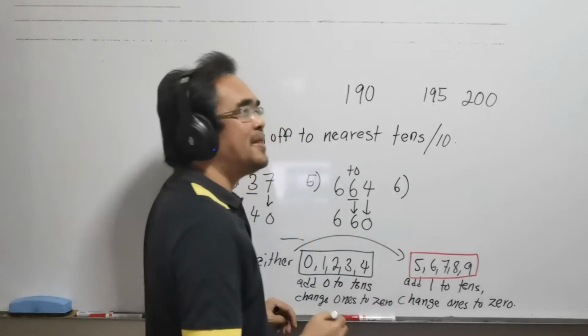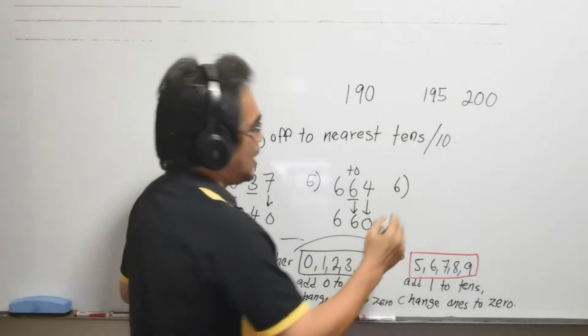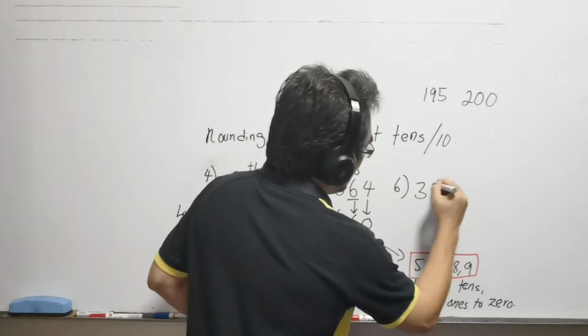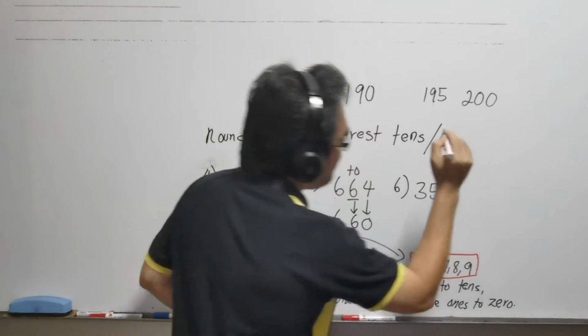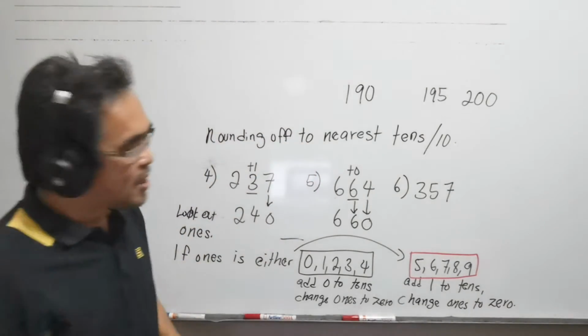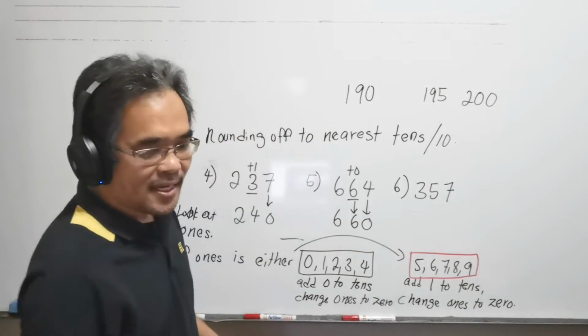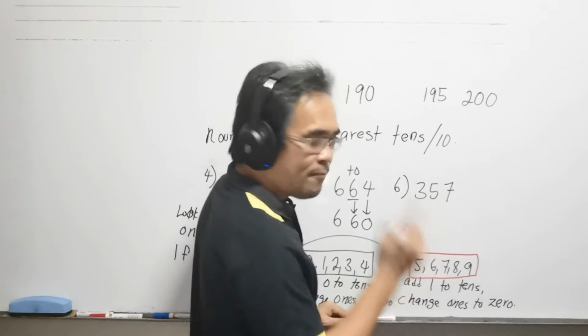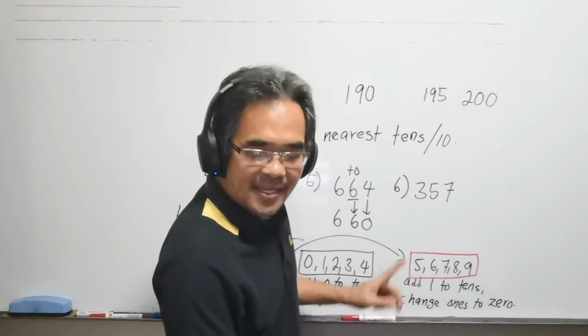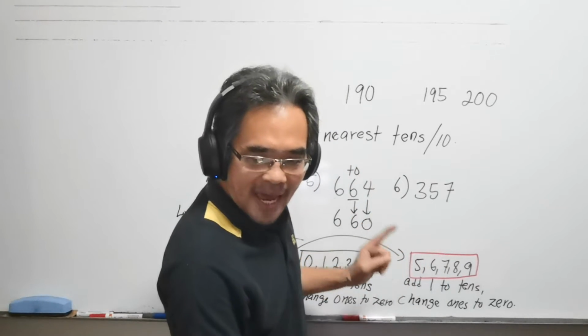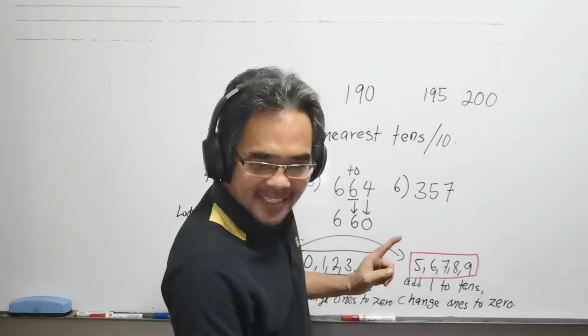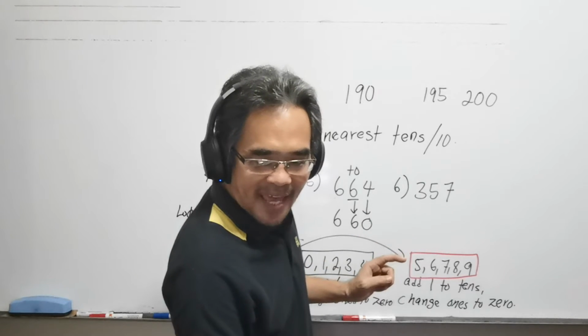Let me think of a number. 3, 5, 7. Please round off to the nearest 10. So what do we do? First, underline the number that represents tens. So which number represents tens?